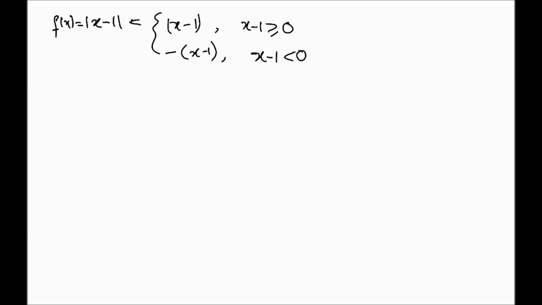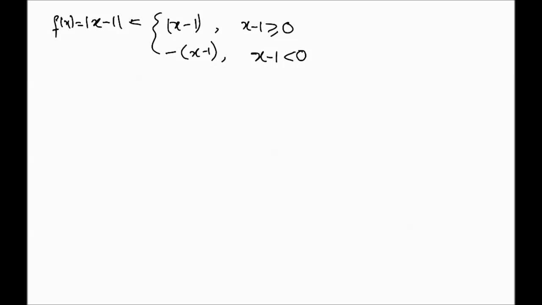The key to remember, as in the previous example of the absolute value of x, is that it's what's inside the absolute value signs that is greater than or equal to 0 or less than 0. As you can see, the formula here and this one are identical in these definitions.